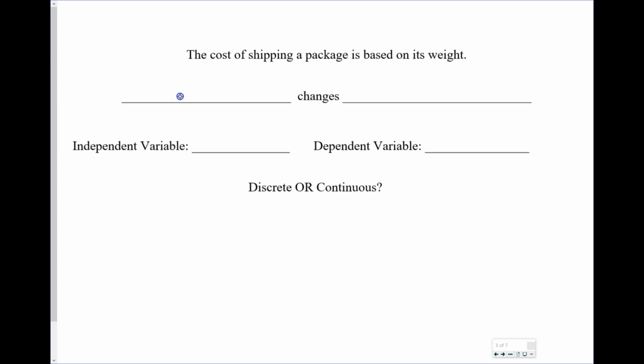So the weight of the package changes the cost of the package. So the weight is my independent variable, because that's what I'm inputting into my package, right? The dependent variable is the cost. The cost depends on the weight, right?